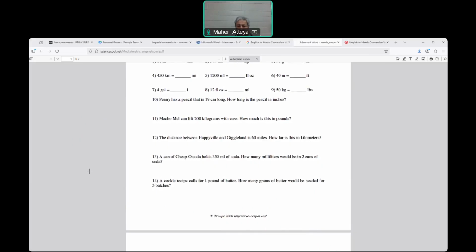Well, that's straightforward because we know the direct relationship between those two: 1 mile is equal to 1.62 kilometers. We put the amount given, 60 miles over 1, times 1.62 kilometers per 1 mile.